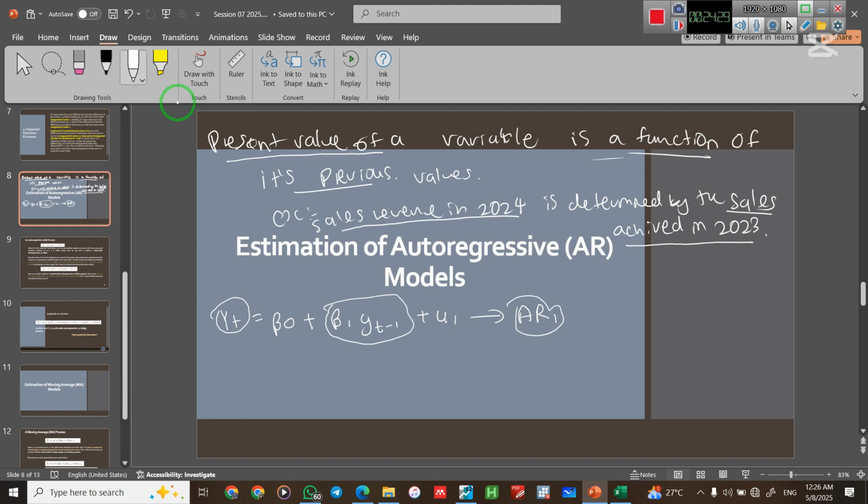If I simply explain the same thing again, this is the sales revenue in 2024. We said that the sales revenue in 2024 is determined based on the sales revenue in 2023, right? So to determine the sales revenue in 2024, the 2023 sales revenue has some kind of impact.